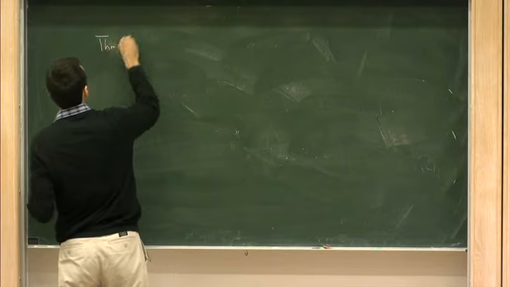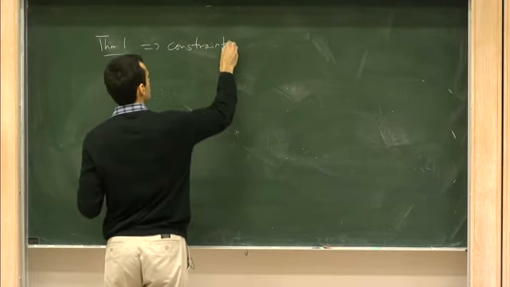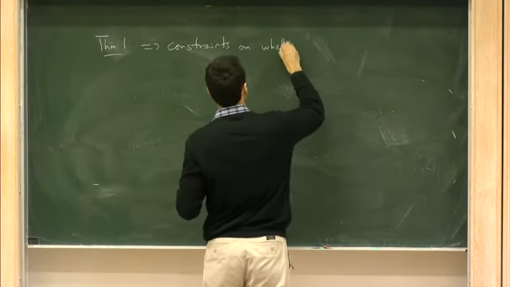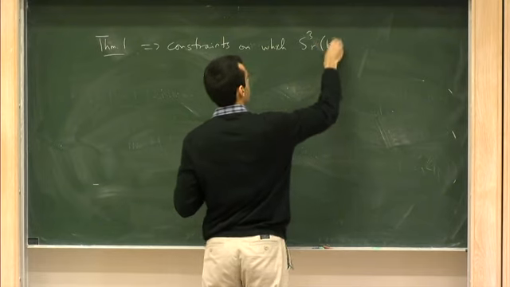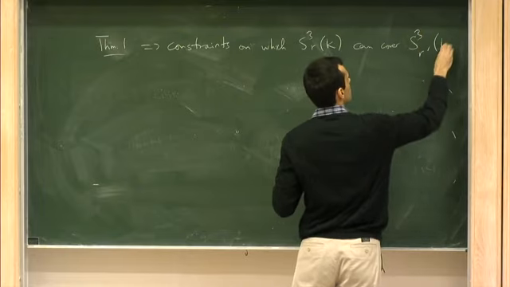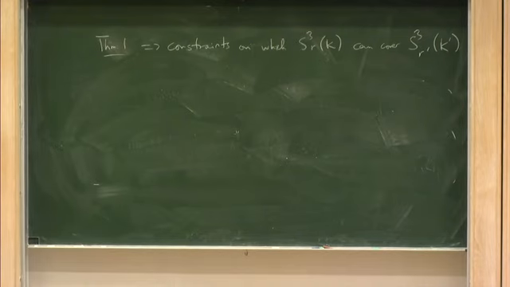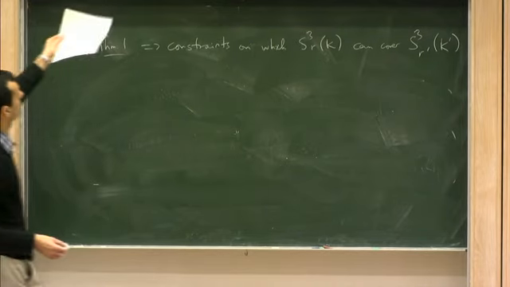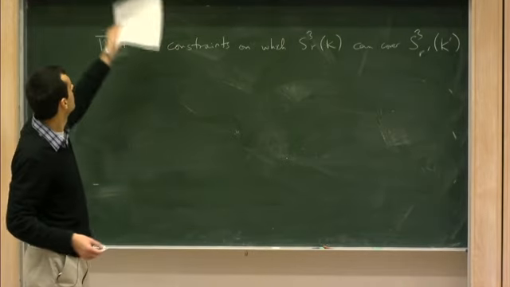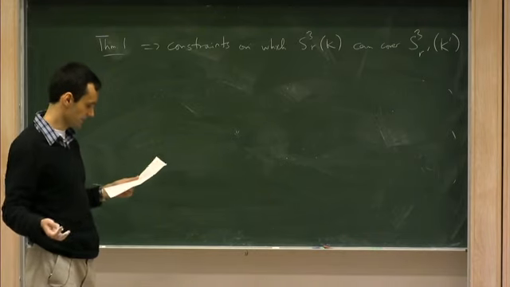So theorem 1 plus this gives you constraints on which S^3_r(K) can cover some surgery on some other knot. Basically, combining them gives you an inequality, and then sometimes you can give some formulas for the rank of HF hat and you get a contradiction.